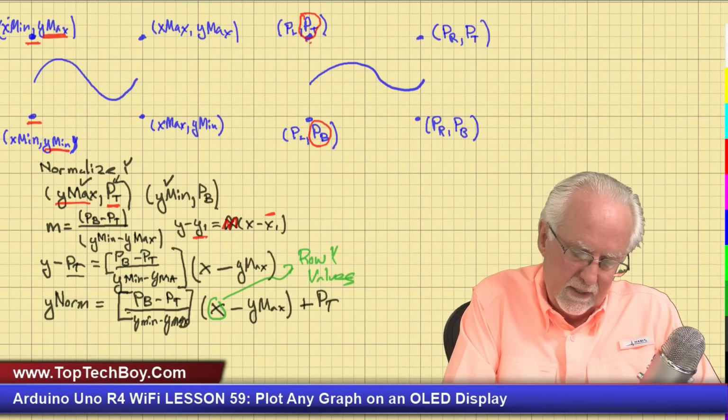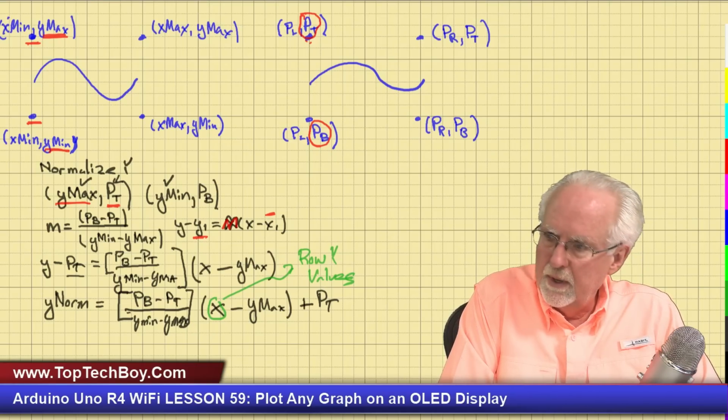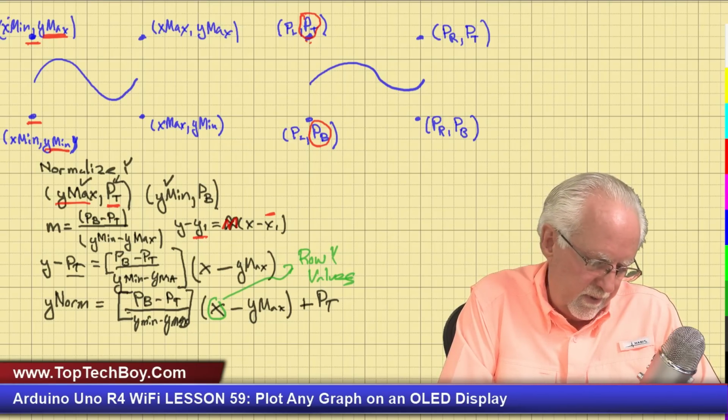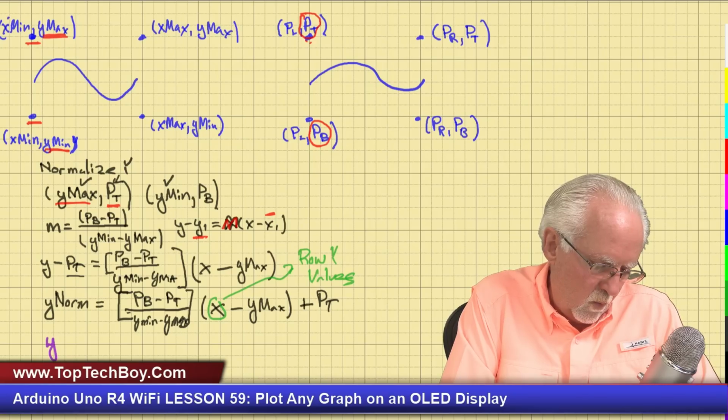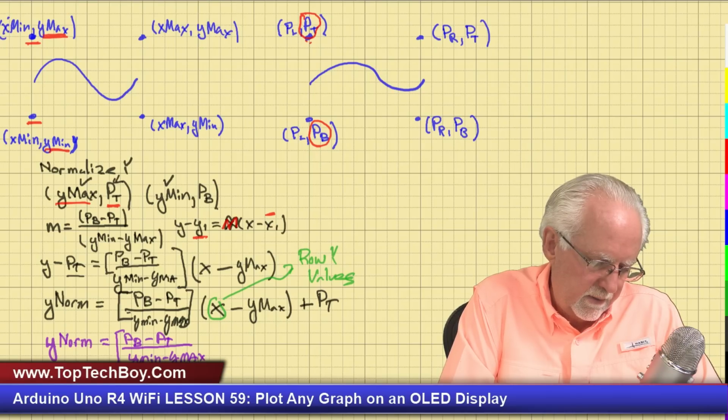So finally, what do we end up with? We end up with y normalized is equal to pb minus pt over y min minus y max. And then what did we say our x values were?